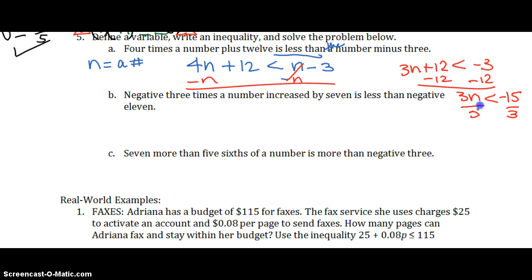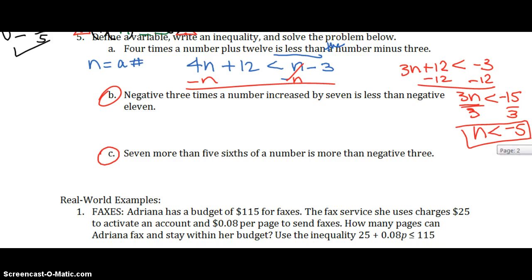My answer is negative, but I did not divide by a negative. So I do not need to have any sirens go off. I end up with a negative answer, but I got there dividing by a positive number. So whatever n is, it needs to be a number less than negative 5. I'm going to let you practice B and C, and we can talk about those tomorrow in class.